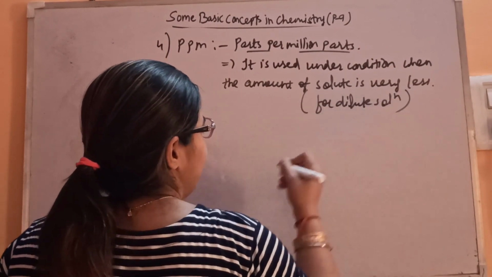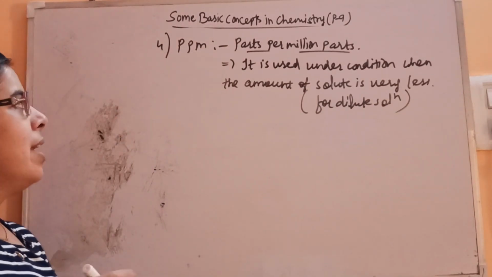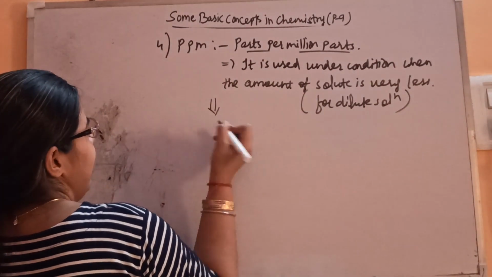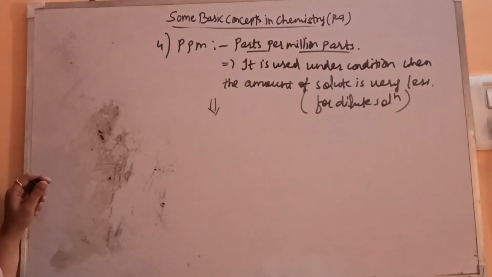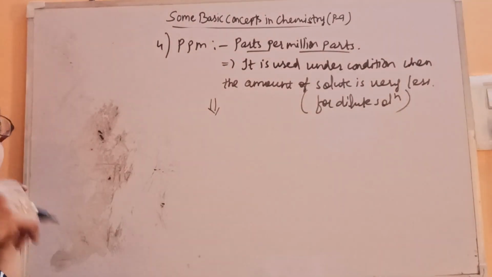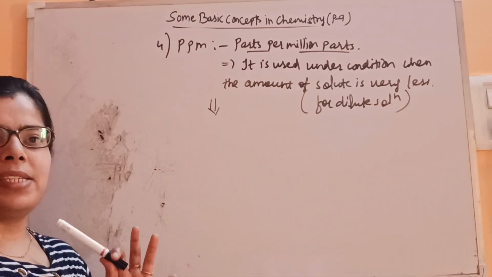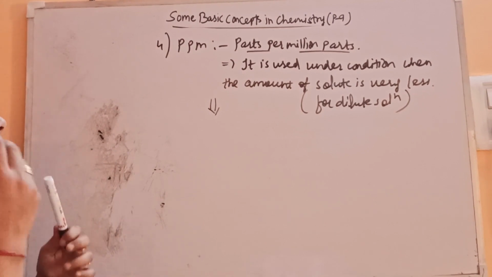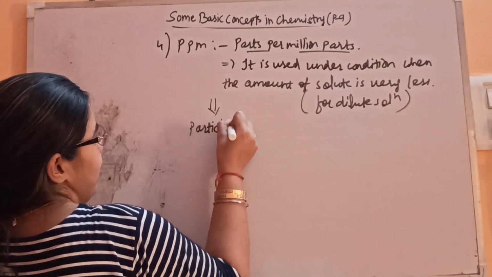All of you know what is dilute solution, in which the concentration of solute is less. ppm is generally used, suppose in the atmosphere there are air particles and particles of other oxides like NO2, SO2, CO2. So how can those particles' concentration be measured? Because there are few, small particles in the atmosphere whose concentration is less. So these particles' concentration can be measured in terms of ppm.